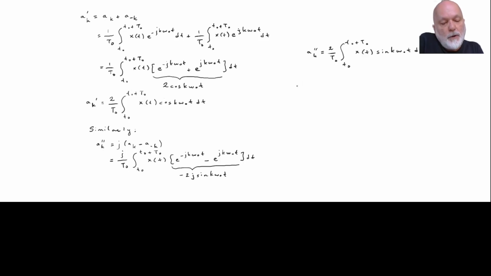So for k equal to 0, ak prime becomes a0 prime, which is equal to 2 over T0, the integral from t0 to t0 plus capital T0, x of t, and cosine k omega 0 t becomes 1 because k is equal to 0, integrated with respect to t.